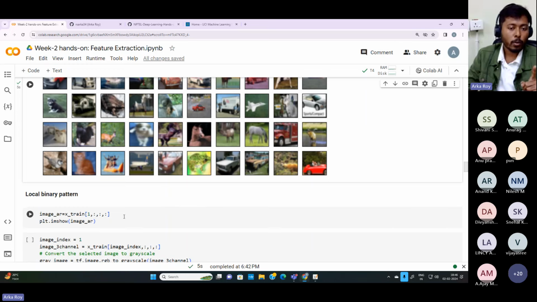So first we go for one particular image and extract the features to illustrate.